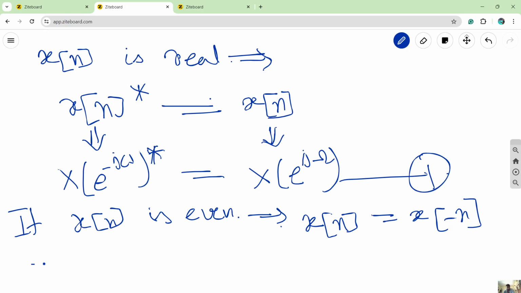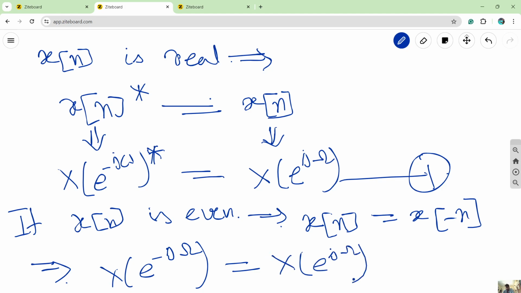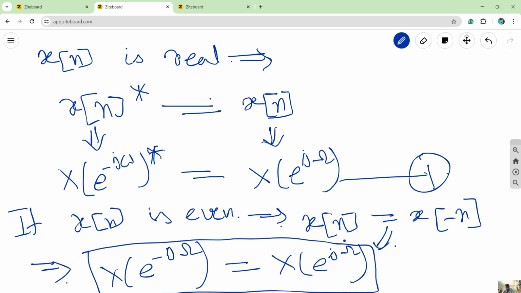Similarly, from the DTFT relationship, we can write the corresponding thing: X of e to the power minus j omega equals X of e to the power j omega. And we denote it as equation number 2.